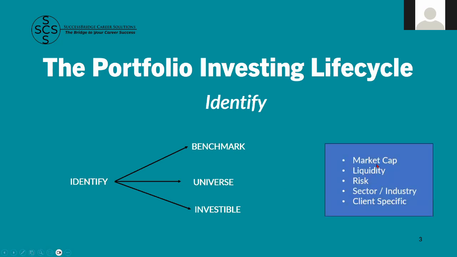Some of these criteria are as follows: market cap. So the manager may say that I'm running a mid cap fund, so I'm going to have companies whose market cap is below so much or above so much. So I'm going to have companies in this range. And then liquidity. Liquidity means how available a security is. So, for example, if you are going to buy a security, then there must be enough sellers, or if you want to sell a security, there must be enough buyers.